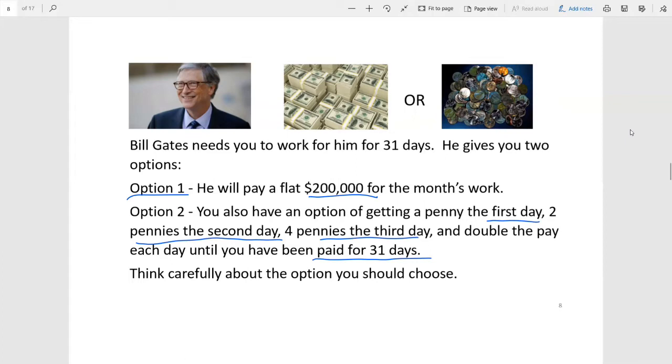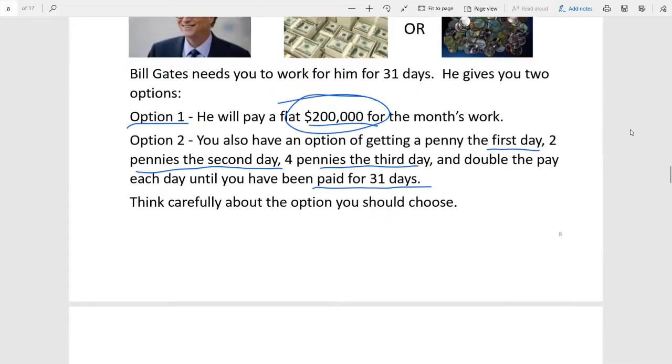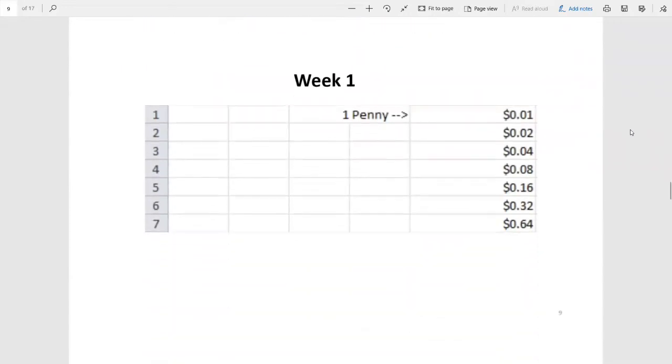A lot of people might say, I'm just going to take the $200,000 and run. But let's see what happens if you actually double the amount each day. Let's look at week 1. First day you get paid a penny. The second day you get 2 cents, then 4 cents, 8 cents, 16 cents, 32 cents.